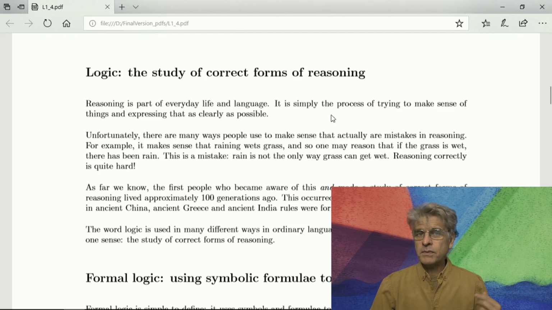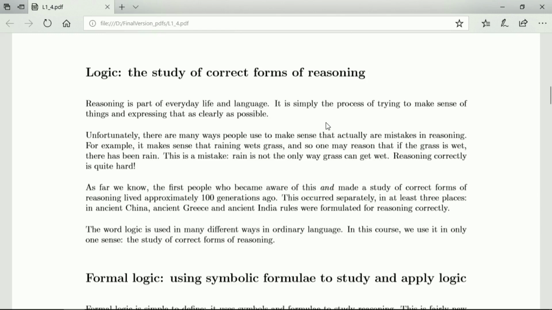And once one starts becoming aware that certain kinds of reasoning can lead to mistaken conclusions, the impulse is to start wondering, well, can we make a study of that? This was done in very different ways, in at least 3 different traditions, approximately 100 generations ago, in ancient China, ancient Greece, and ancient India. And to some extent, these traditions are handed down to us even today.